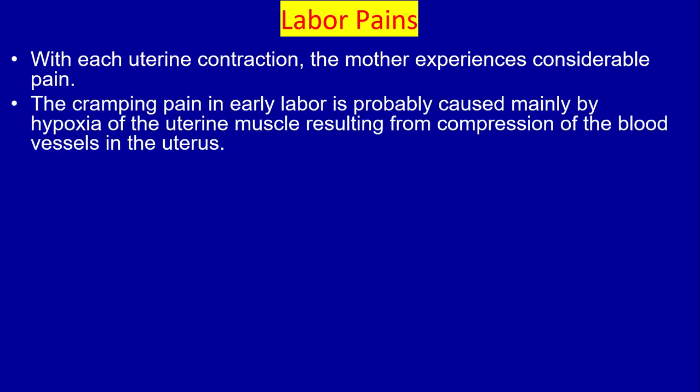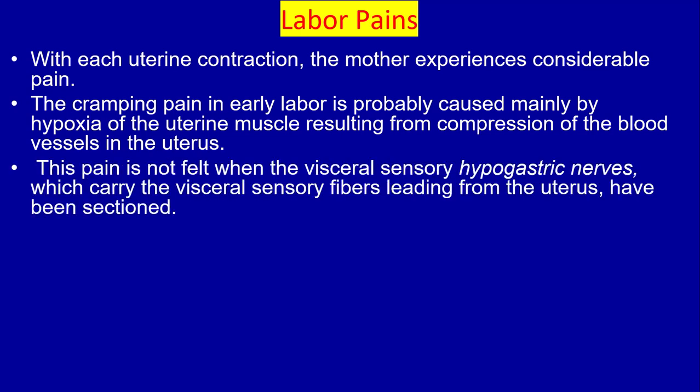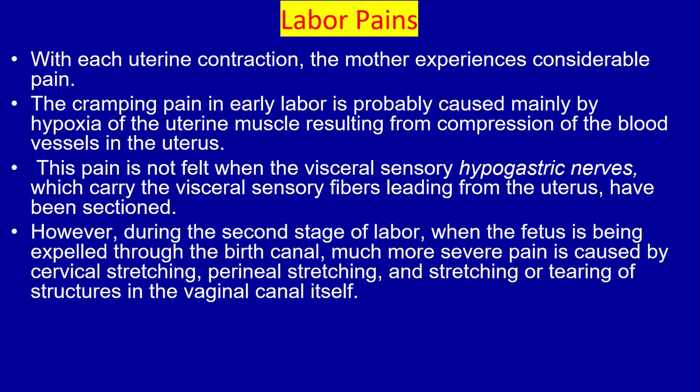Labor pain. With each uterine contraction, the mother experiences considerable pain. The cramping pain in early labor is probably caused mainly by hypoxia of the uterine muscle resulting from compression of the blood vessels in the uterus. This pain is not felt when the hypogastric nerve, which carries the visceral sensory fibers leading from the uterus, has been sectioned.